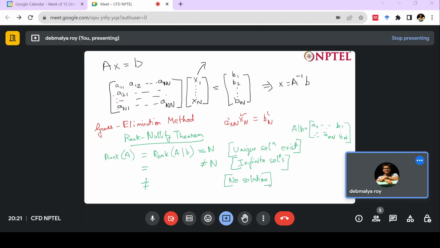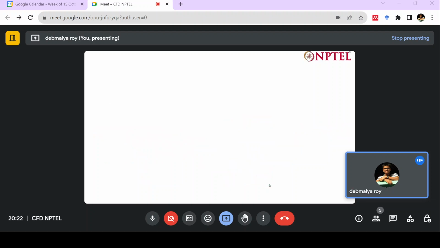Infinite solutions generally refer to an error in the application of boundary conditions, such that the variable can have multiple solutions. These are the three possible cases that may arise from the rank nullity theorem. Other than these elimination type methods, we also have iterative methods.